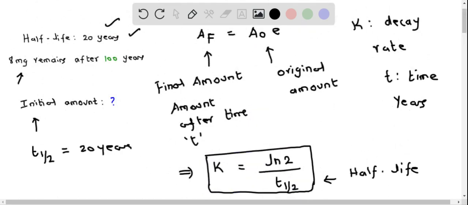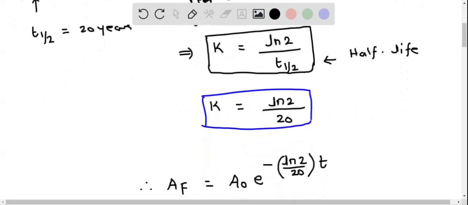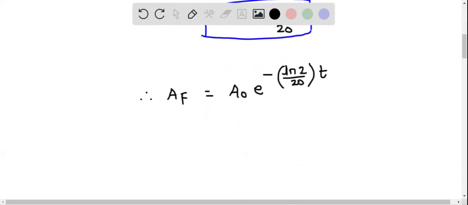Now let's use the other information, that after 100 years only 8 milligrams of the radioactive substance is present. If we convert that to mathematics, when t equals 100, A_F, the final amount of the radioactive substance, is only 8 milligrams.